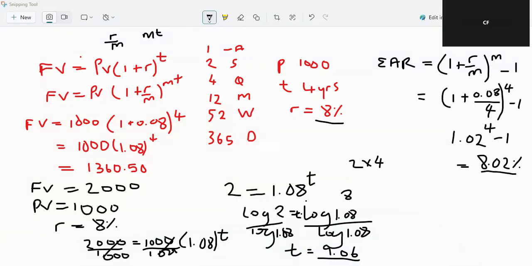Are you able to see the log? Yes. So you get that answer, 9.006. So 9 years. Okay.